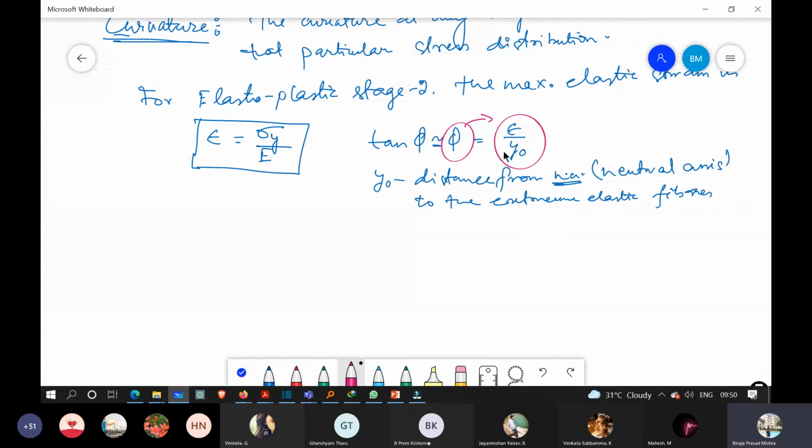If we put all the values, in place of epsilon, if we put this one, then we may say that phi equals, instead of epsilon it will be sigma y by E into y0.